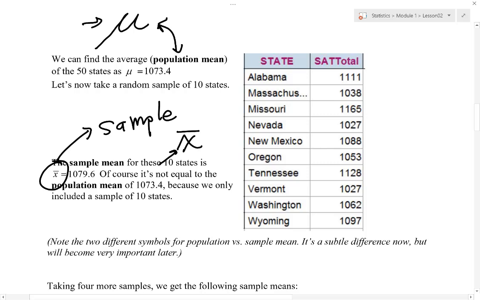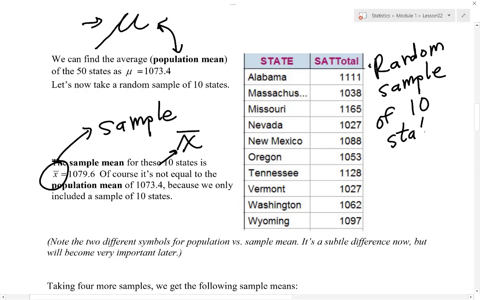So in this table here, we have a random sample of 10 states. In this case, this is the entire table. We selected 10 states at random, and we had an average here. Let me highlight these numbers. Of 1079.6.